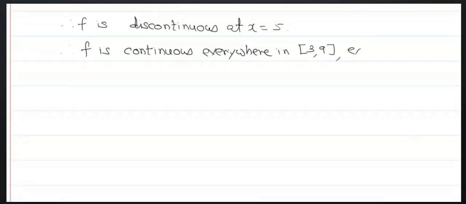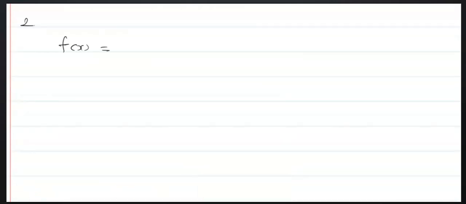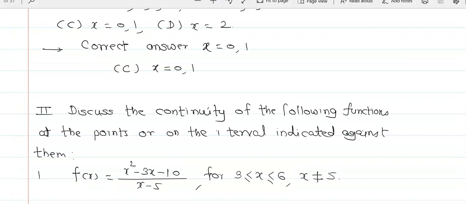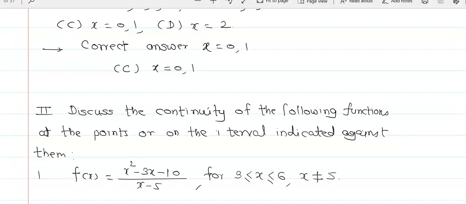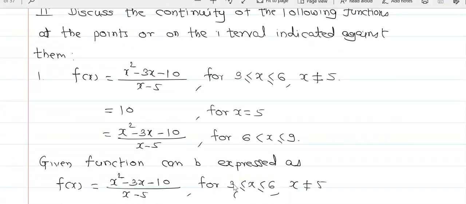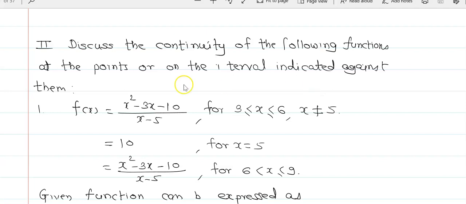Now see this again here. Discuss the continuity of the function at the point or the interval indicated against them.